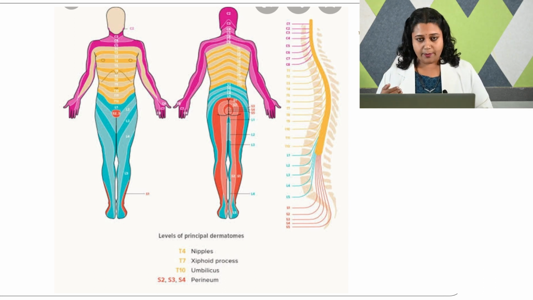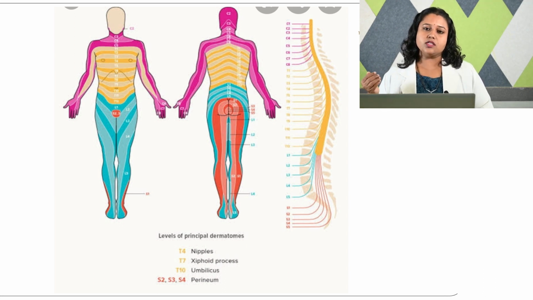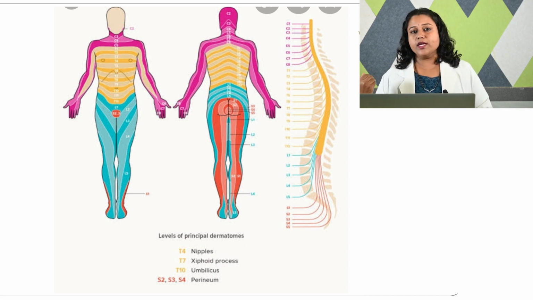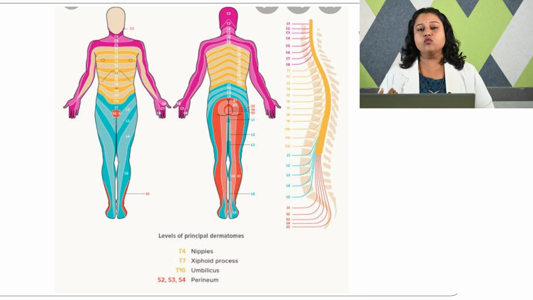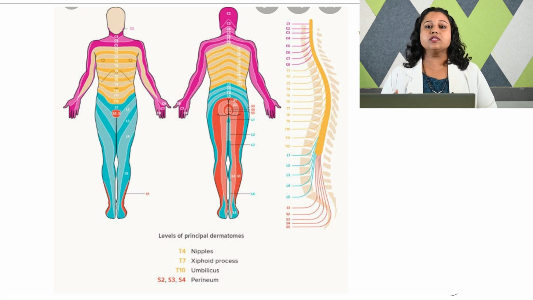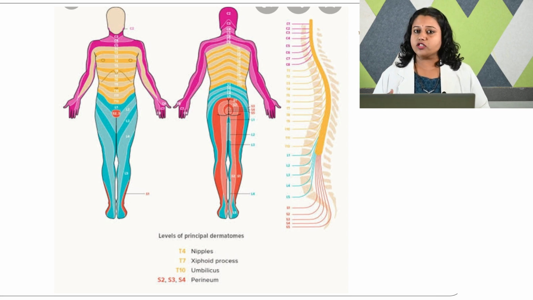According to the dermatomes, we need to assess the sensations from superior to inferior. There are cervical dermatomes, thoracic dermatomes, then lumbar, and coccygeal.